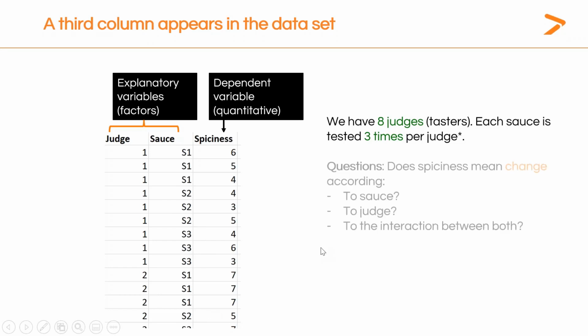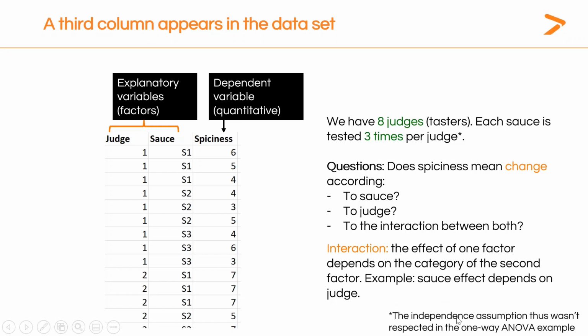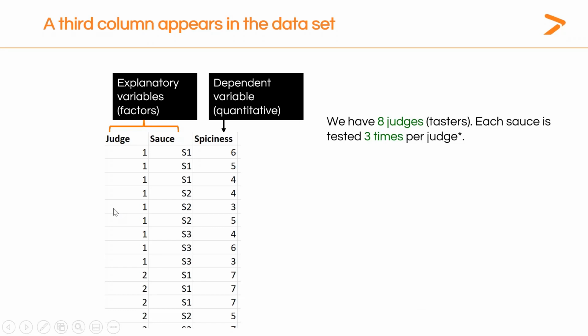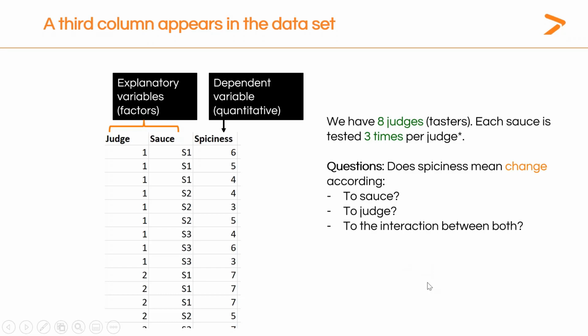This is why the independence assumption was not really respected in the one-way ANOVA. Look at this sentence here. This independence assumption wasn't respected in the one-way ANOVA. But including the judge column in the model will solve the problem. Now, here are our new questions.